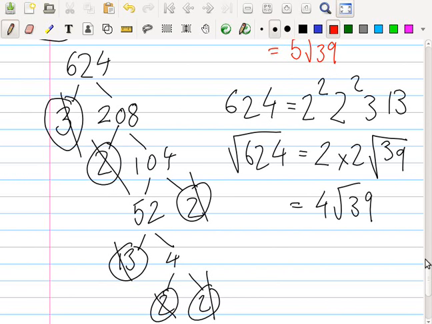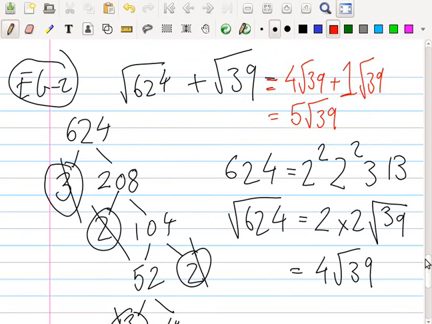The example is 2a. I'll go back up. Oh yeah, you see the first one, root 624, I worked that out to be 4 root 39.